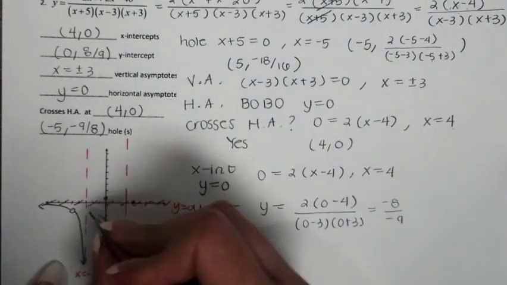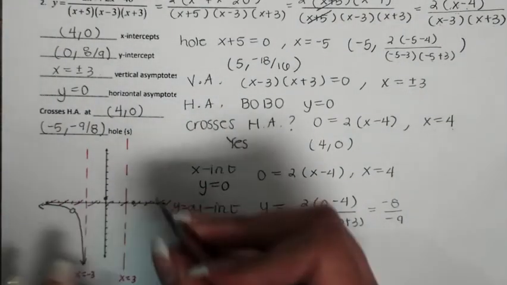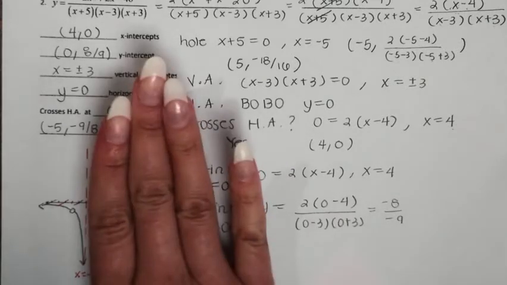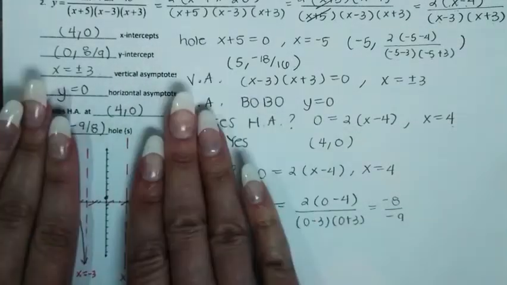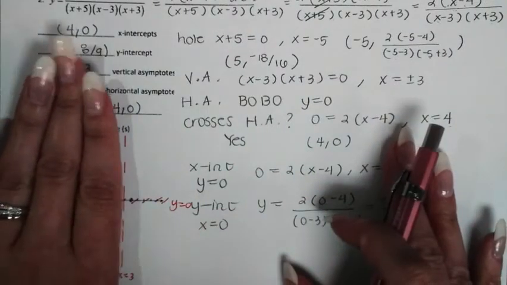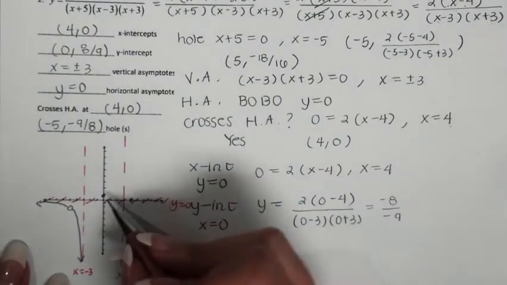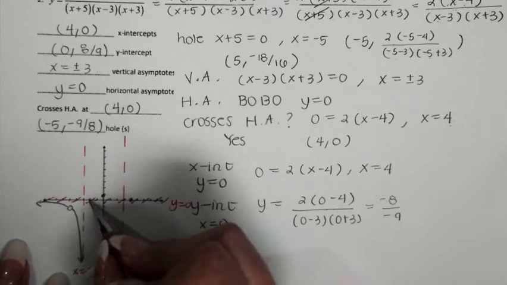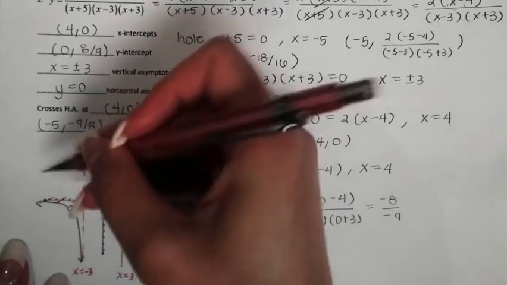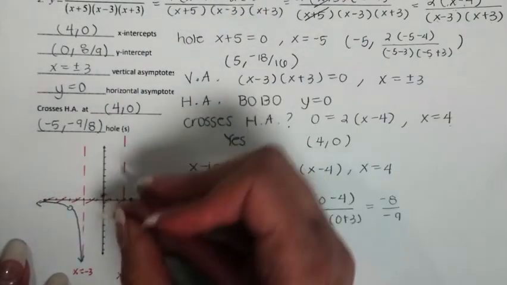Okay, on this piece, as you can see, we are going to have one piece here, then another piece here, and then the last piece is going to be over here. Okay, we have a point here. Okay, clearly we're not crossing the horizontal asymptote because we don't have that information here.